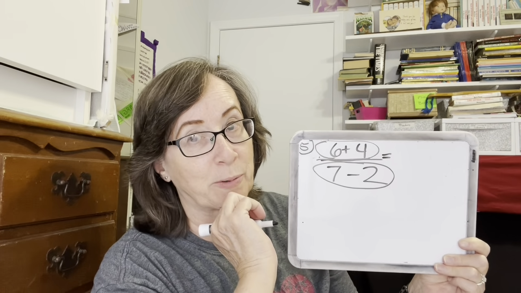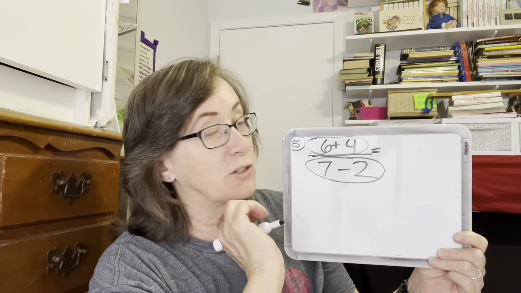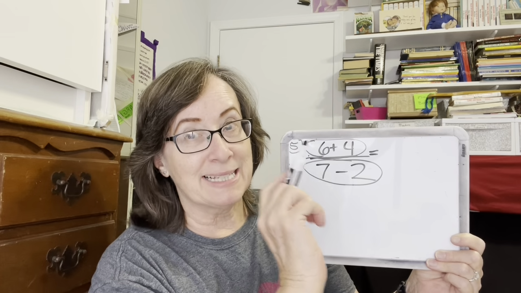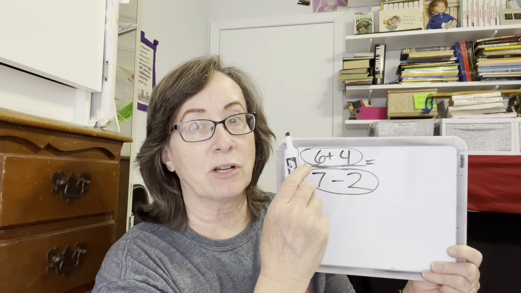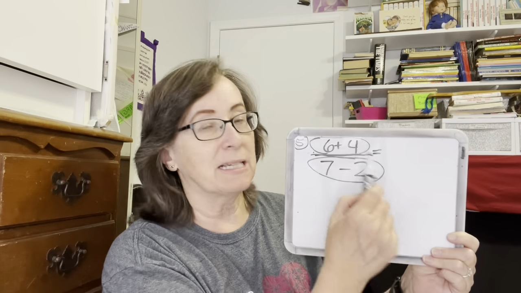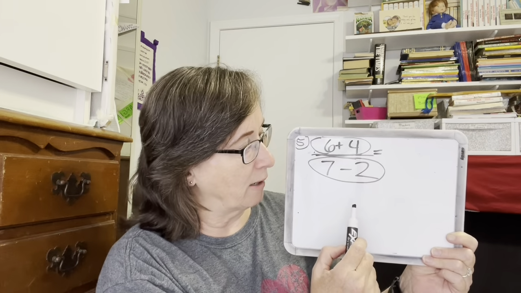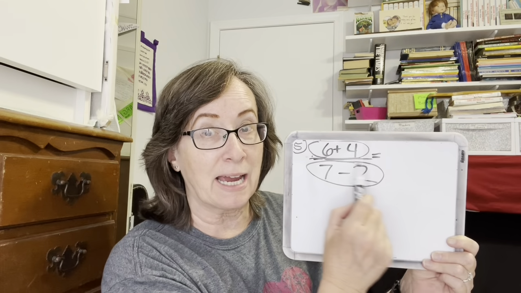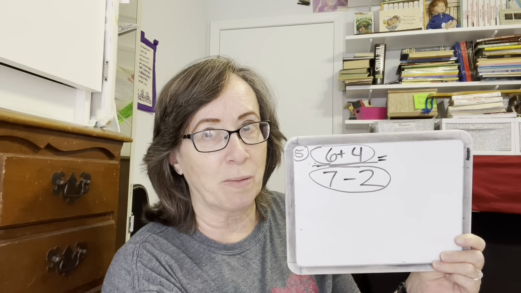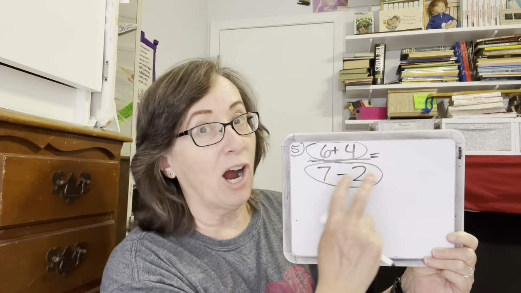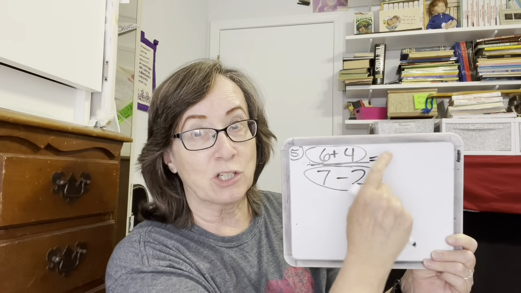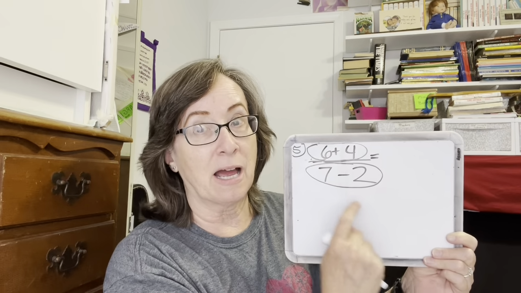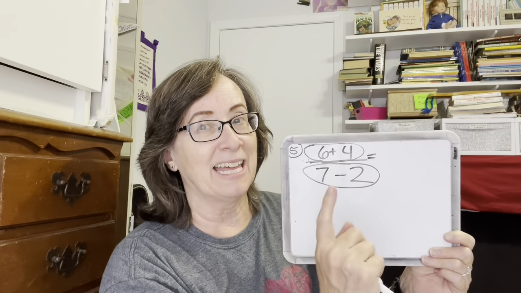We would never separate them. In this case, the numerator is considered a grouping and the denominator is considered a grouping. And this division sign across the middle is saying they are separate from one another. So we are going to add the numerator together, add the denominator together, and then divide.